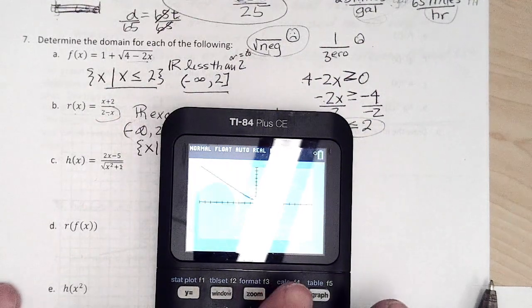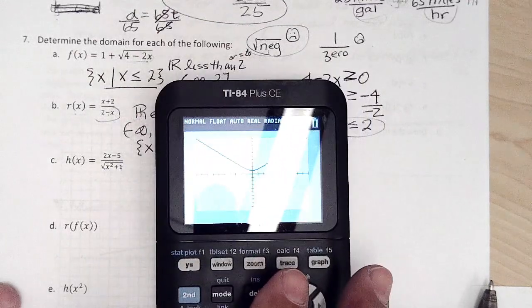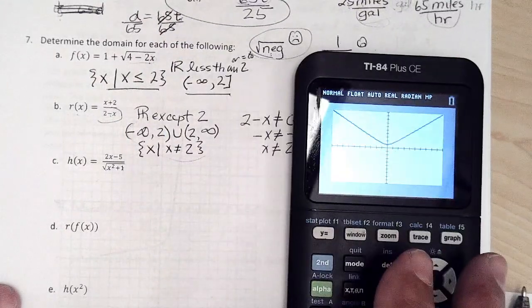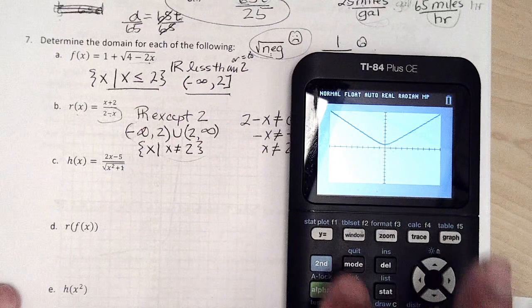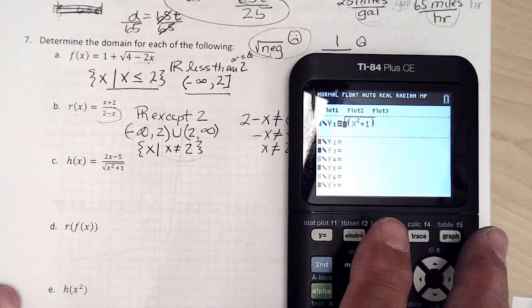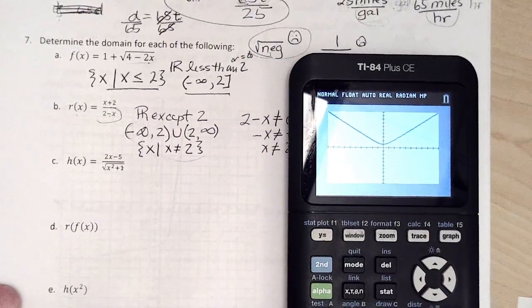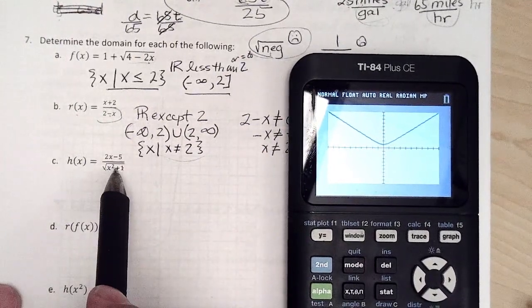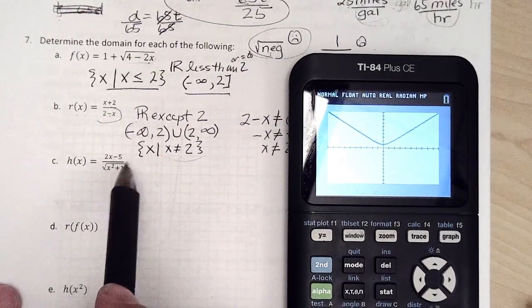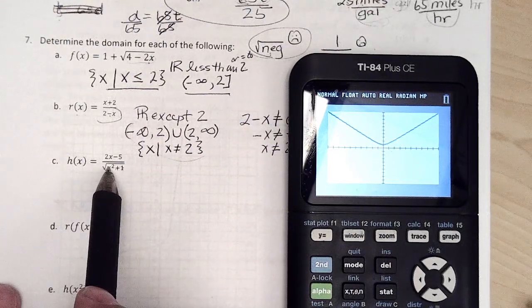And if I graph that, does it ever go negative? Let's go back here because that screen doesn't show up there. There. Is it ever negative? Never. So I don't get 0 in the denominator, and I don't get a negative in the square root.